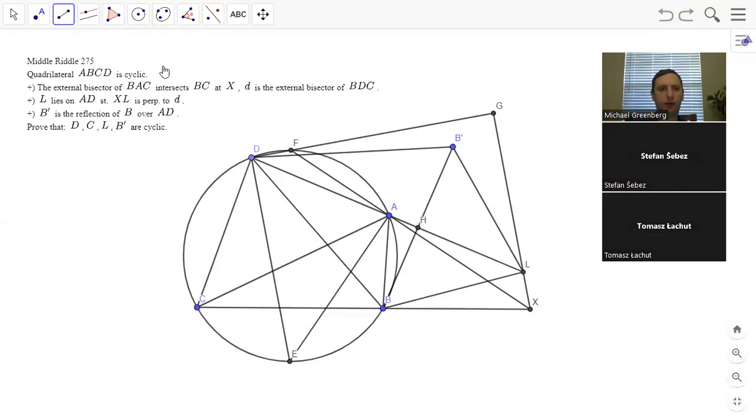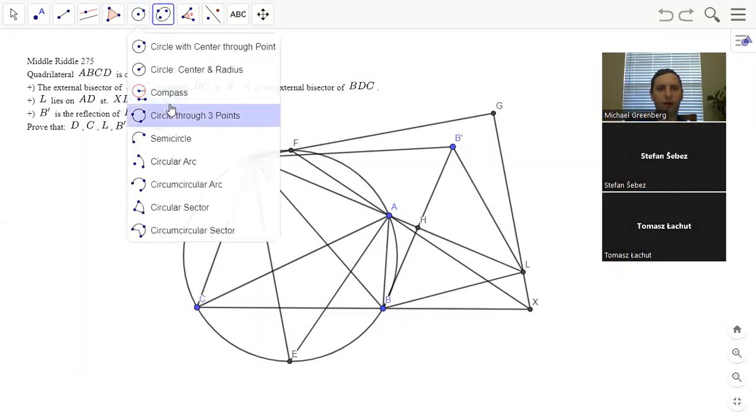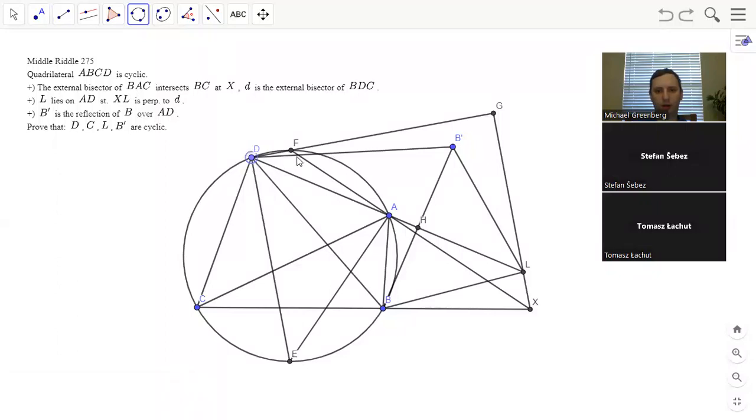I wonder if there's any kind of similar triangles we can find. Is DFLX cyclic?